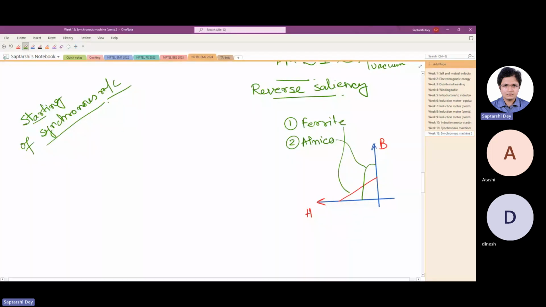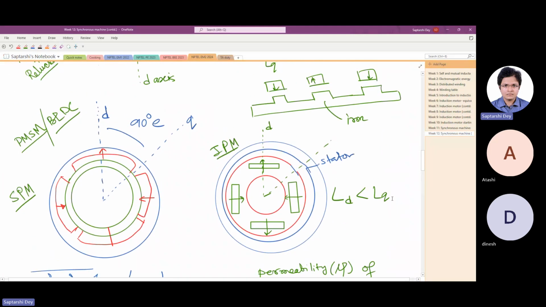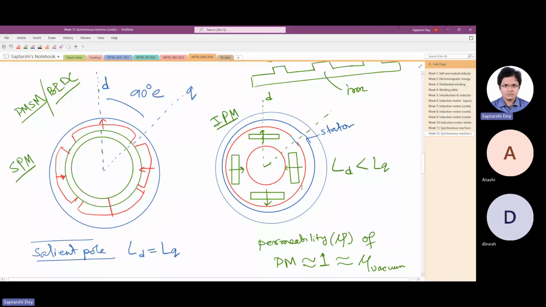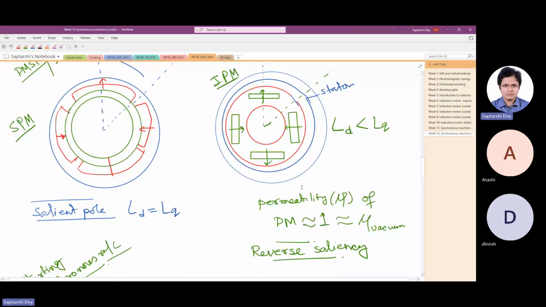So although these machines came, they could not do well compared to the other round-field machines. But the revolution started as soon as magnets like samarium cobalt and neodymium iron boron came to the market. They are super powerful. As a result, starting from the 1990s, PMSM and BLDC started gaining popularity.